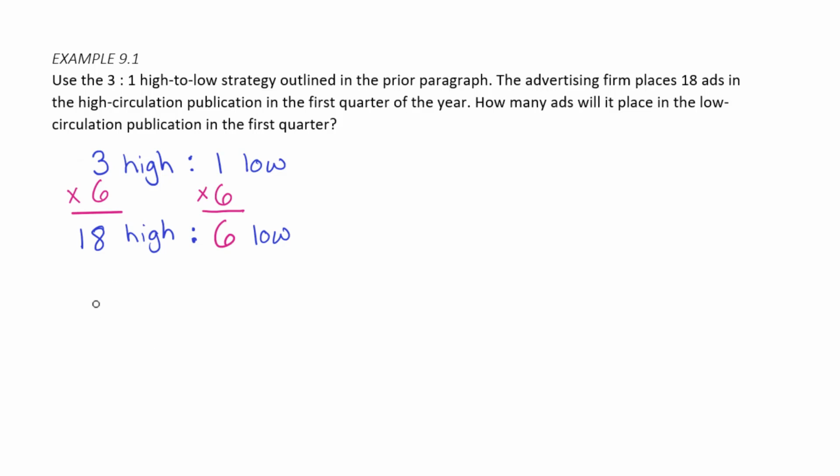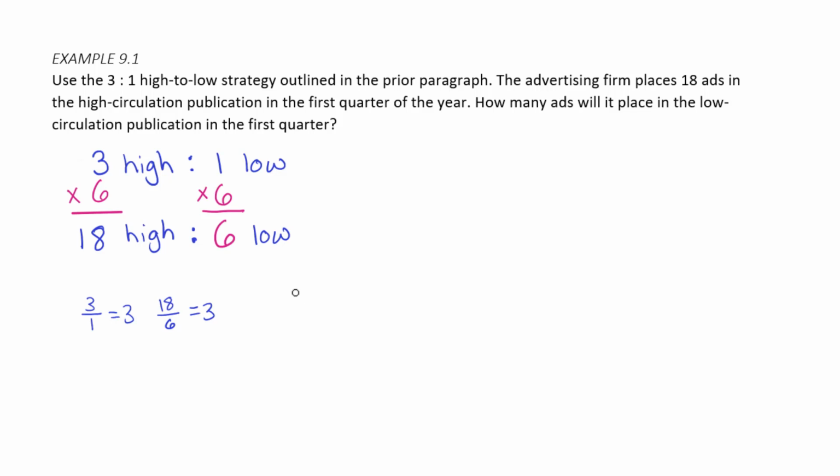Now, how can I check that I've done the right thing here? A 3-to-1 ratio, if I divide it out, is 3, just as an 18-to-6 ratio comes out to 3. So you're going to have 3 times as many ads in your high circulation publication than you are in your low.